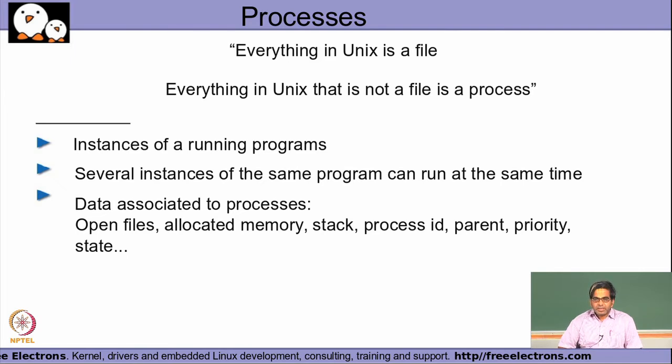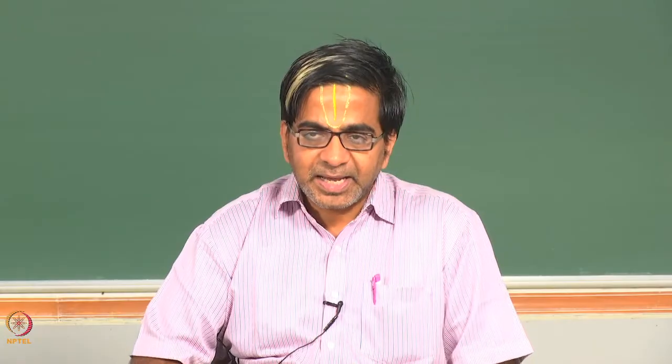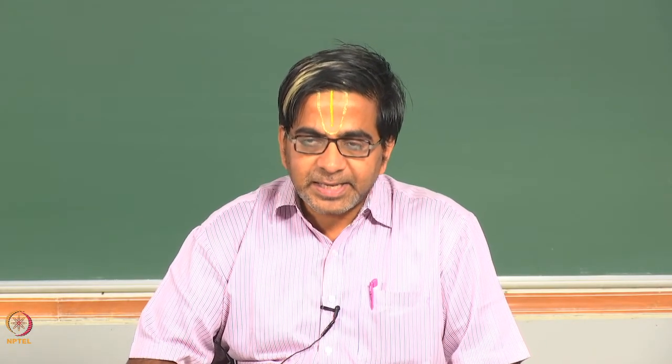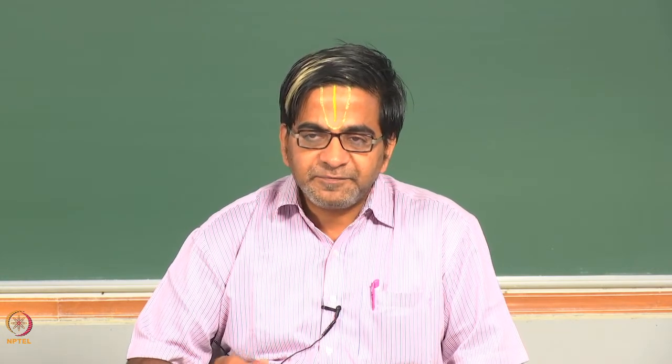As we discussed in our earlier module, everything in Unix is a file. Let us put it in a different way: everything in Unix that is not a file is a process. A process is something that is alive and running on Unix, whereas a file is something statically present in some part of my system without a so-called life in it.